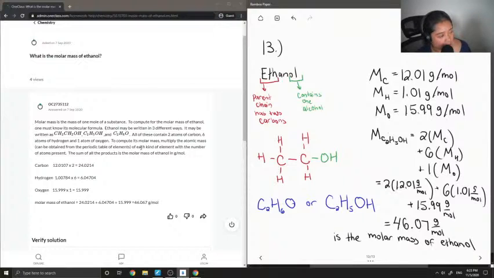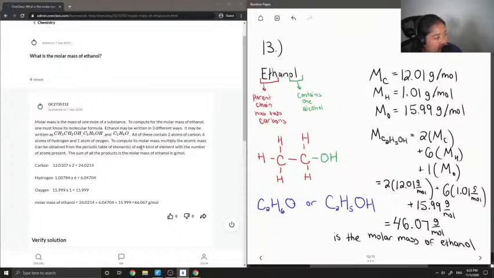To compute its molar mass, multiply the atomic mass, which can be obtained from the periodic table of elements, of each kind of element with the number of atoms present. The sum of all the products is the molar mass of ethanol in grams per mole. So now let's see, they have carbon 12.0107 times 2 is equal to 24.